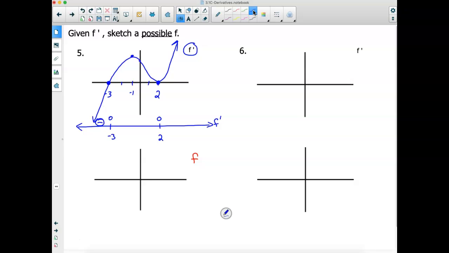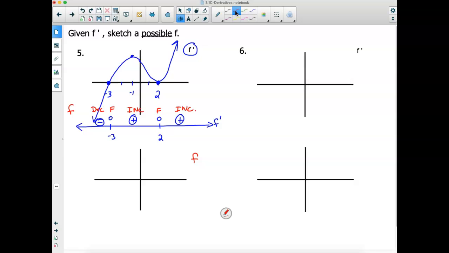I know between negative 3 and 2, I'm positive or above the x-axis. And then from 2 out, I'm still positive and above the x-axis. Well, how does that translate to f? Well, that translates to f as decreasing to flat, increasing to flat, and then still increasing.